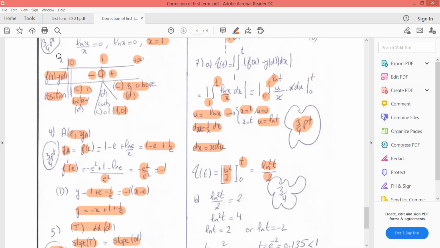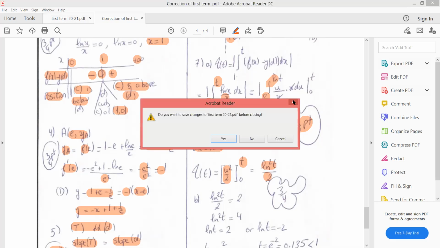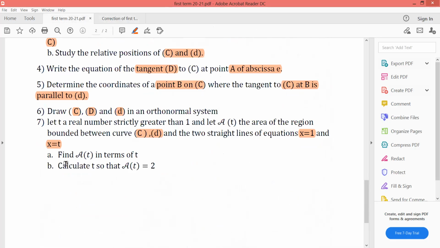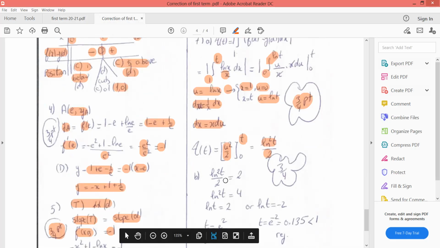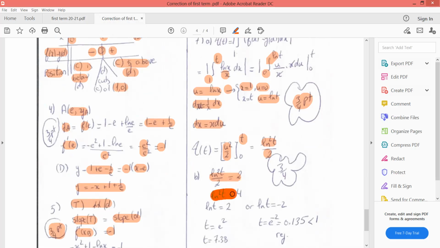Now the last part in this test. Calculate t for A of t equals 2. We put A of t equal to 2. A of t is ln squared t over 2 equals 2. So ln squared t equals 4 by cross multiplication.